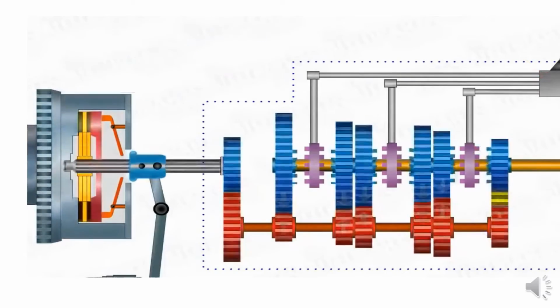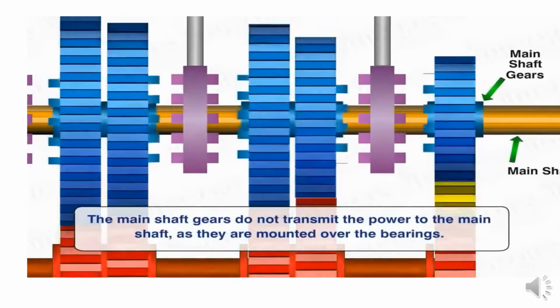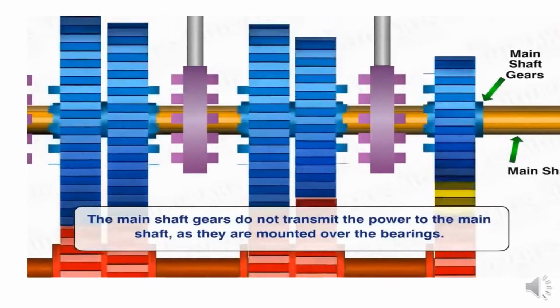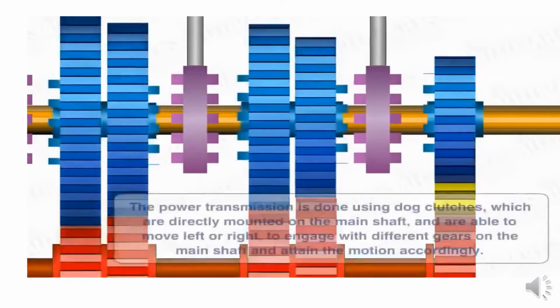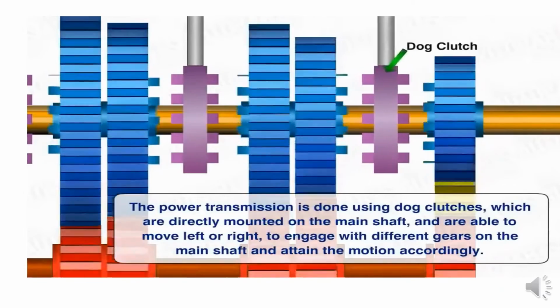When it engages, the power is transmitted from flywheel to clutch shaft. The clutch shaft output is given to the gearbox input.